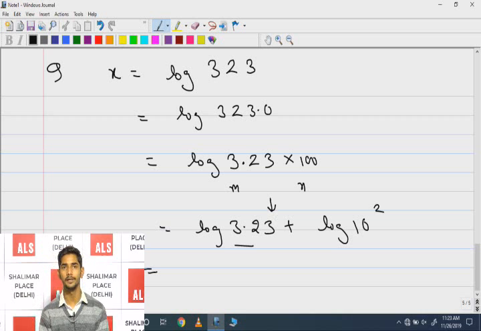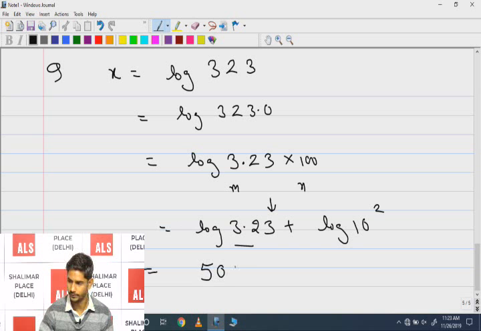Use the log table. Everyone please confirm your answers.